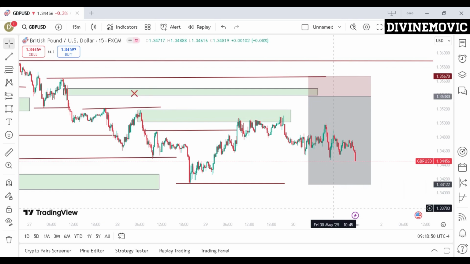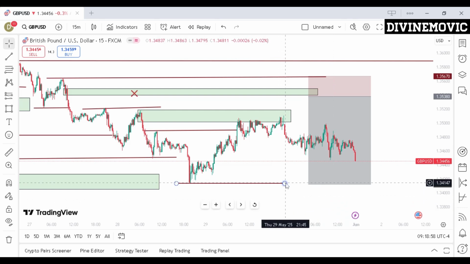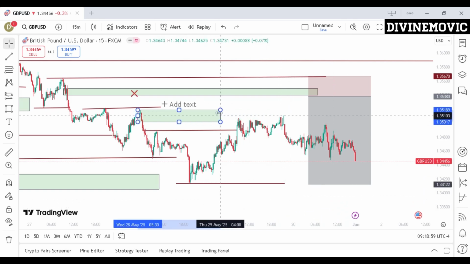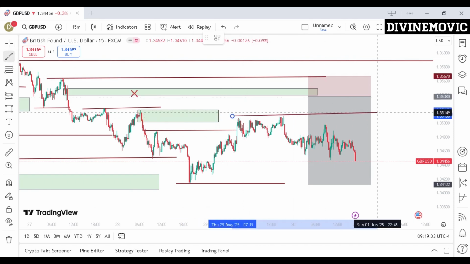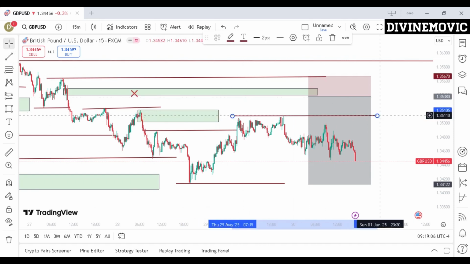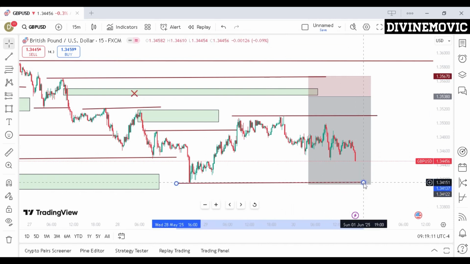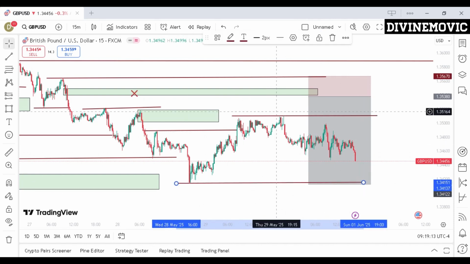However, if price opens tomorrow being Monday, I'm going to be looking for a buy opportunity. Why? Because here is acting as a low, and this place here most likely acting as a high. There can be an opportunity if you're able to identify a good POI from this particular low and this high.